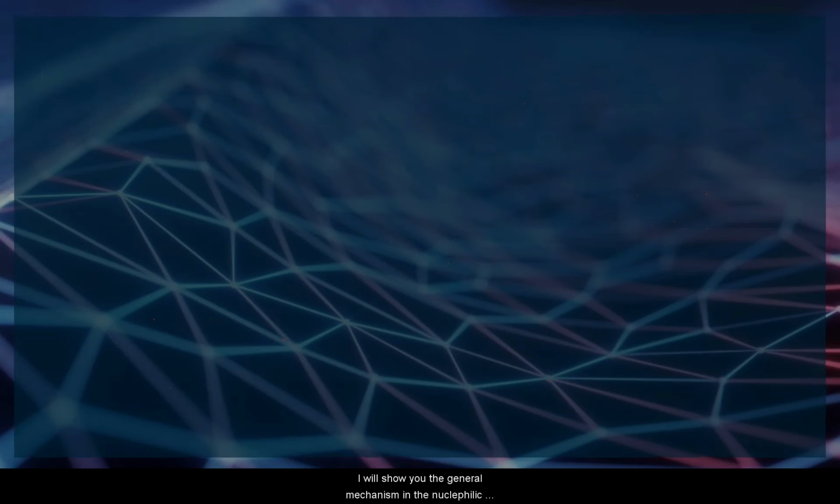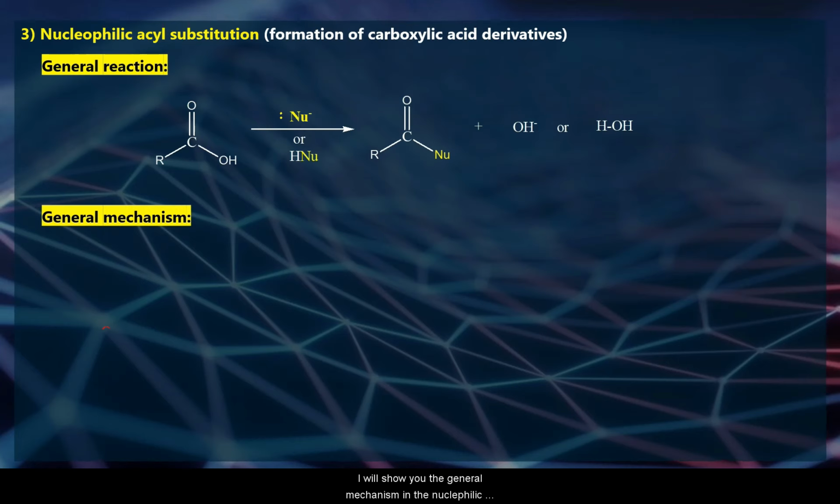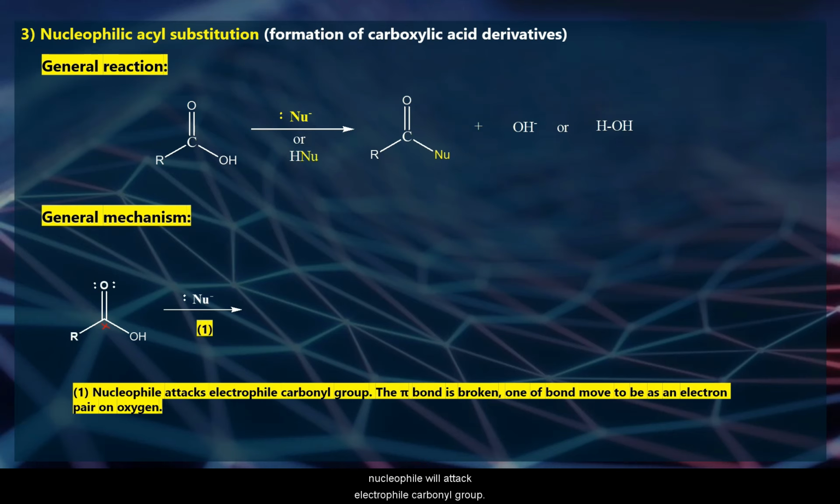I will show you the general mechanism in the nucleophilic acyl substitution. First step, nucleophile will attack the electrophilic carbonyl group. The pi bond is broken. One of the bond moves to become an electron pair on oxygen.